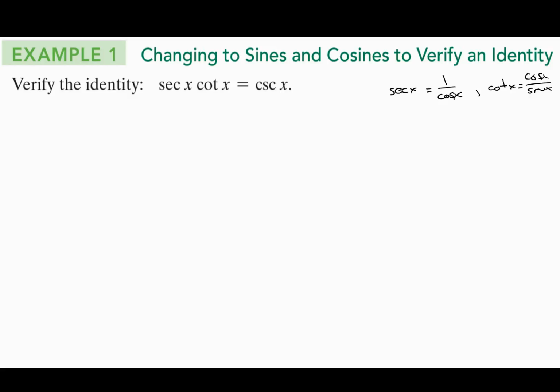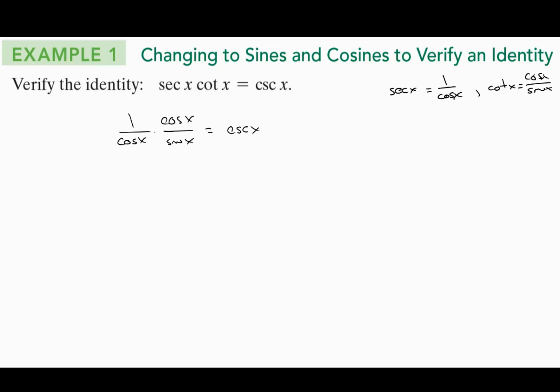With those two identities right there, we can manipulate this left-hand side, the more complicated side, to make it look like the right-hand side. So my goal is to first change everything on the left-hand side to sines and cosines. So I'm going to change the secant to 1 over the cosine. The cotangent is going to be the cosine over the sine, and equal to the cosecant.